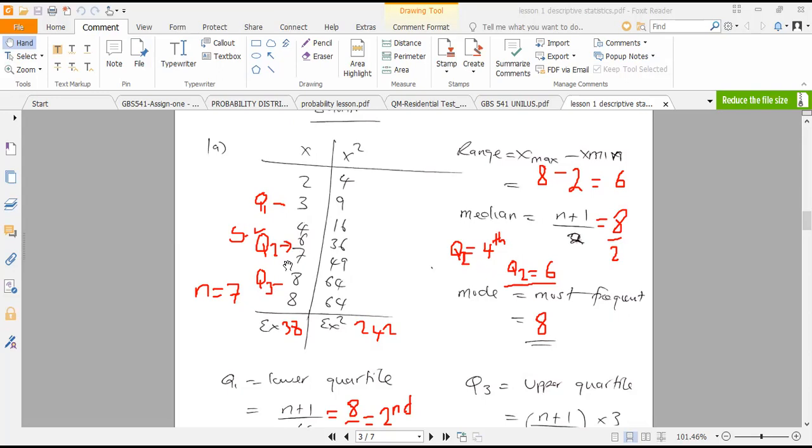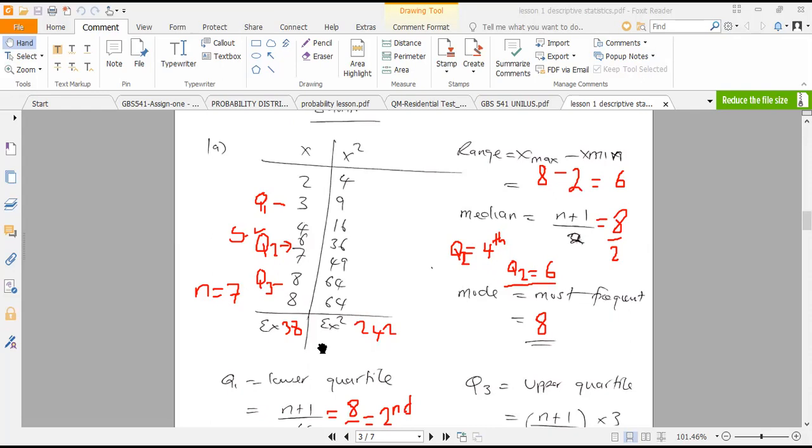But using the formula, it's simply n plus 1 divided by 2. 7 plus 1 is 8. You divide by 2, it is 4. So 4 is not the answer, but the position. You count 1, 2, 3, 4. On position number 4, our median is 6.